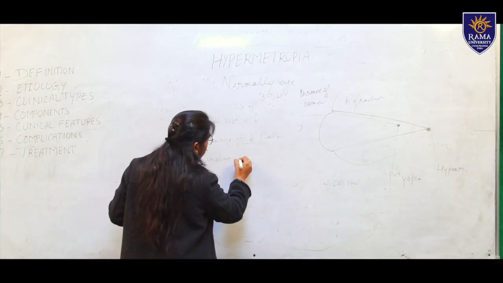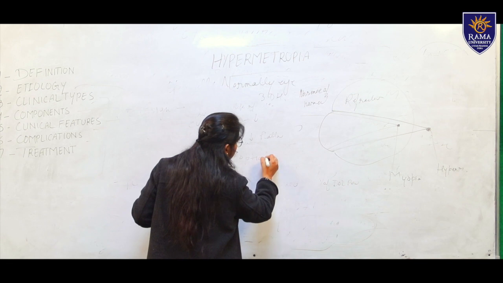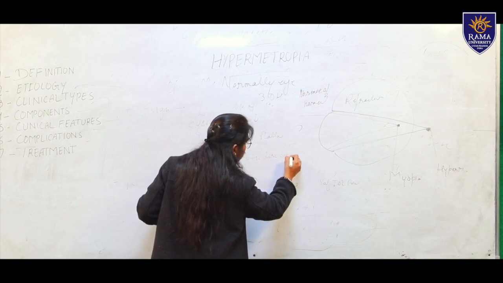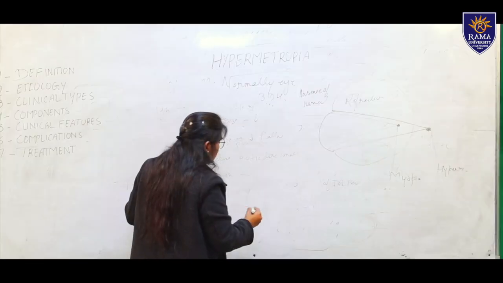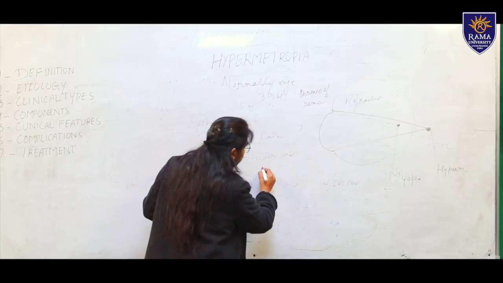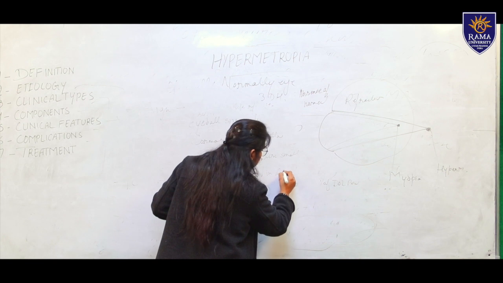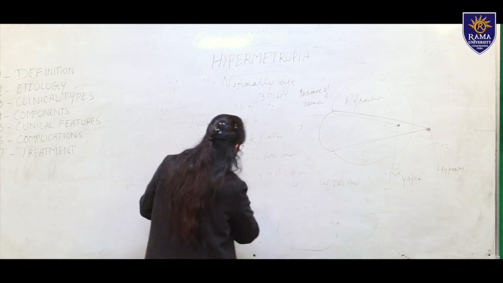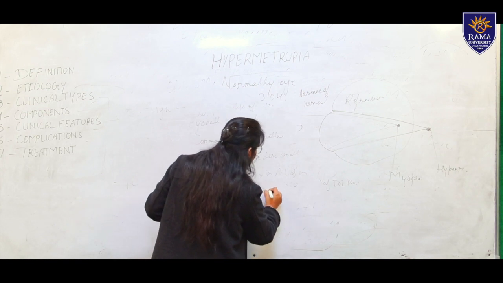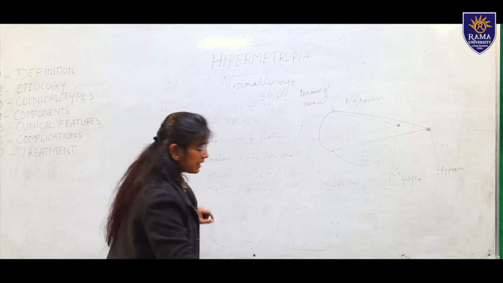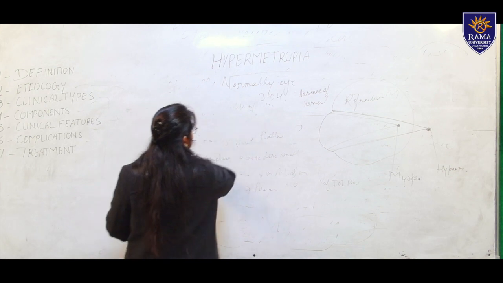Fundus examination shows small optic disc. A scan examination shows decrease in axial length of an eyeball. Retinoscopy gives the power of hypermetropia. These are all signs of hypermetropia.